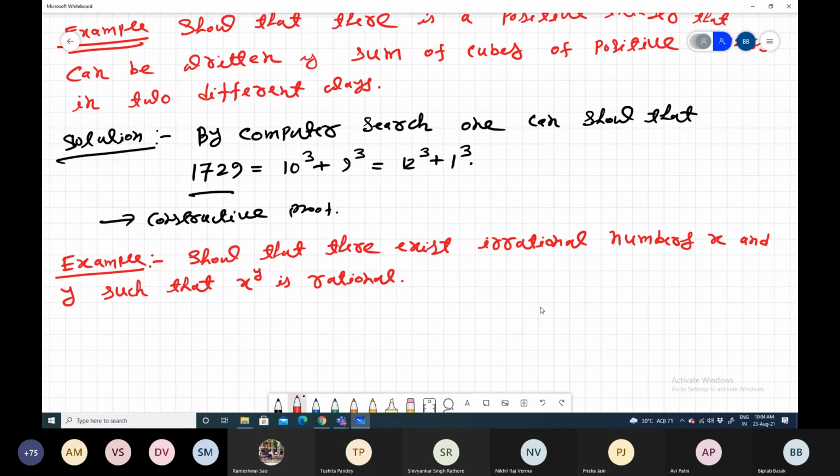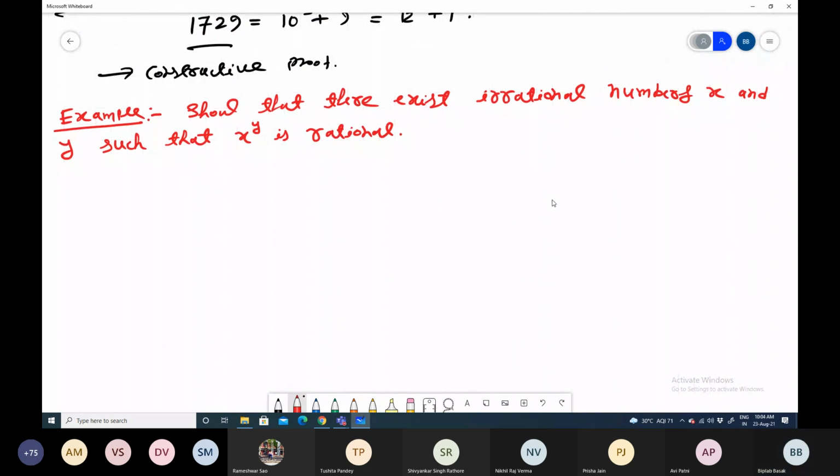Here we can give a constructive proof, that means we can give two irrational numbers such that x to the power y is rational. If you can give such numbers, then it is fine. Otherwise, we can also easily prove it without giving such an example, and this type of proof is called a non-constructive proof.